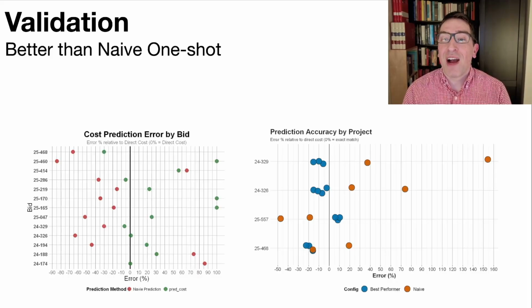Our 2025 pipeline results are on the left, and our 2026 results are on the right. What this shows is that our agentic pipeline is better than a naive one-shot. You see our agentic pipeline is much closer to those thick lines, which represent a human-estimated direct cost, and much tighter, with less variance than multiple naive runs.